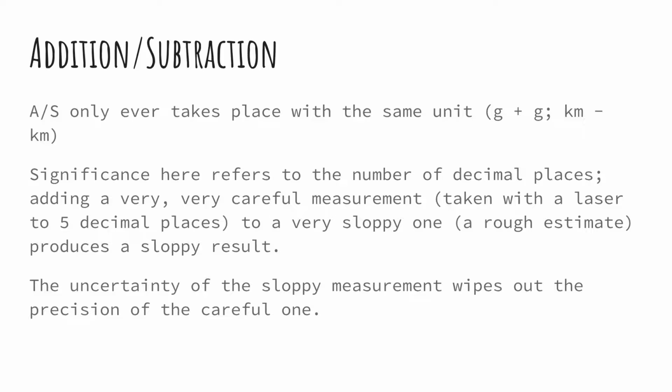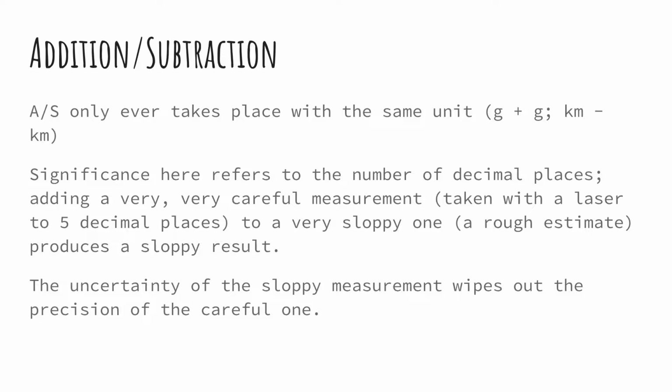When you add a very careful, very precise measurement to a very sloppy measurement, the very precise measurement can be the most wonderful measurement in the world, but if you're combining it with something sloppy, slapdash, and nobody gave a damn, then the sloppiness of the one measurement will completely wipe out the carefulness and precision of the other measurement. Okay, so precise plus sloppy, the result is going to be sloppy. Whereas precise plus precise, you can get precise.